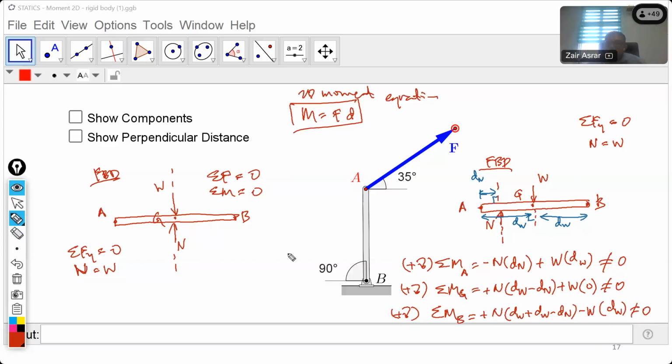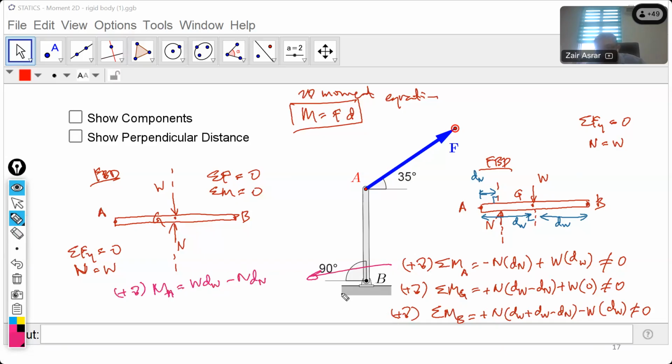Okay. Some of you might be wondering, are they the same? We'll take a look at each one of them. Let's say I change the color. So for the first one, MA, if I expand this, it will be equal to W dw minus n dn.